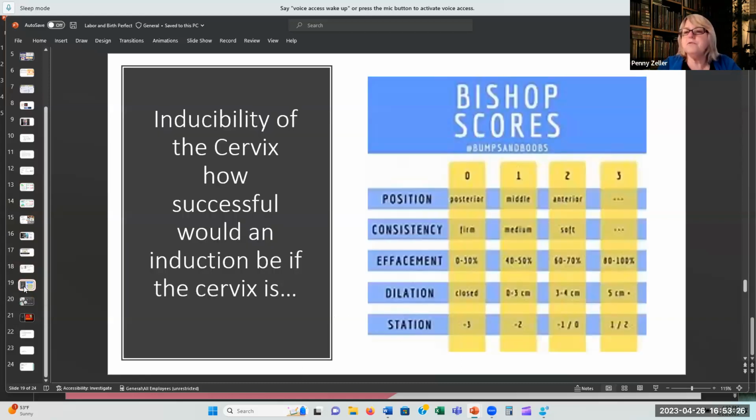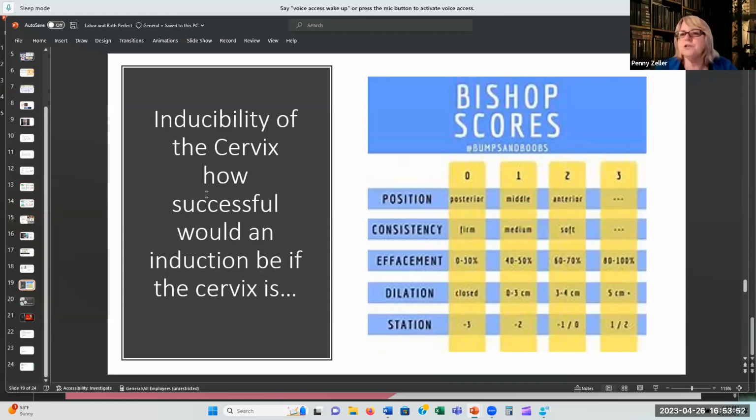So we talked about this before, about the inducibility of the cervix. How successful would it be to just start oxytocin? Well, if we don't use anything to soften and dilate the cervix, if her Bishop score is 4, then labor progress is going to be long. We're not going to be as successful.